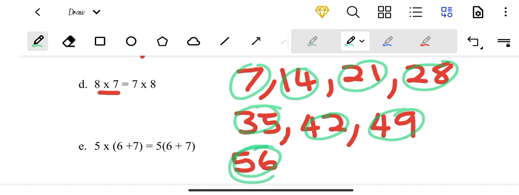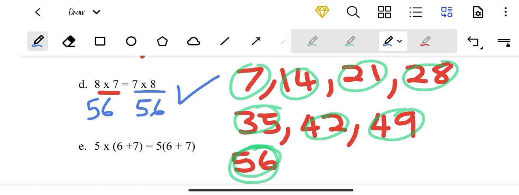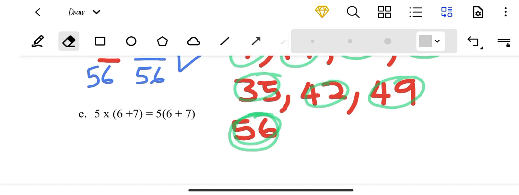So it means that this is going to be our answer. So 8 multiplied by 7 is going to be 56, which is equivalent to that multiplied by that, which is also going to be 56. And you are done.